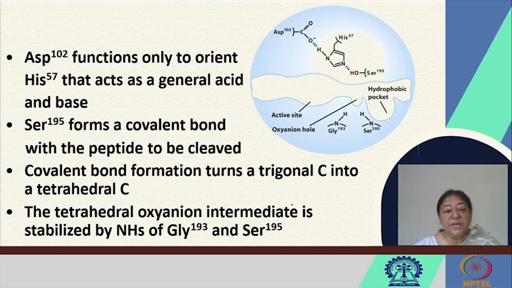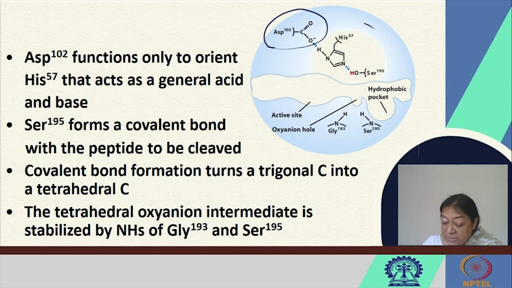So we have conditions here where we have the catalytic triad, where the aspartate 102, which is located here, acts to orient the histidine 57, that acts, as we have seen in previous cases, as a general acid and base.